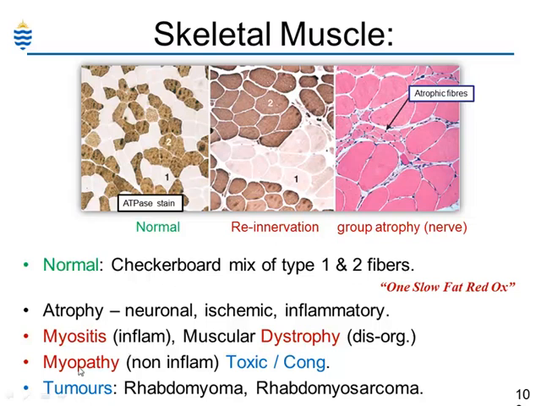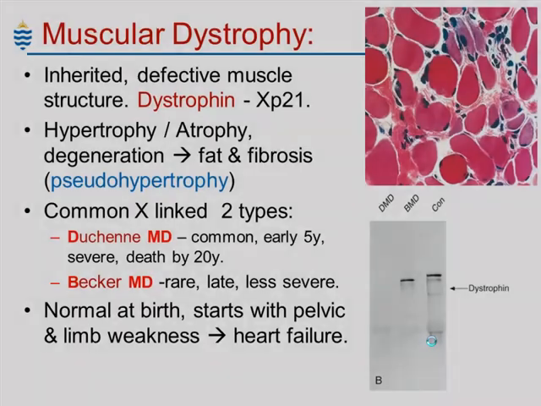Myopathy is usually non-inflammatory abnormalities, toxic or congenital, and tumors are known as rhabdomyoma or rhabdomyosarcoma. In a clinical situation, the commonest is myositis, inflammation. All autoimmune disorders, traumas, myositis. Muscular dystrophies, I have just put a few.